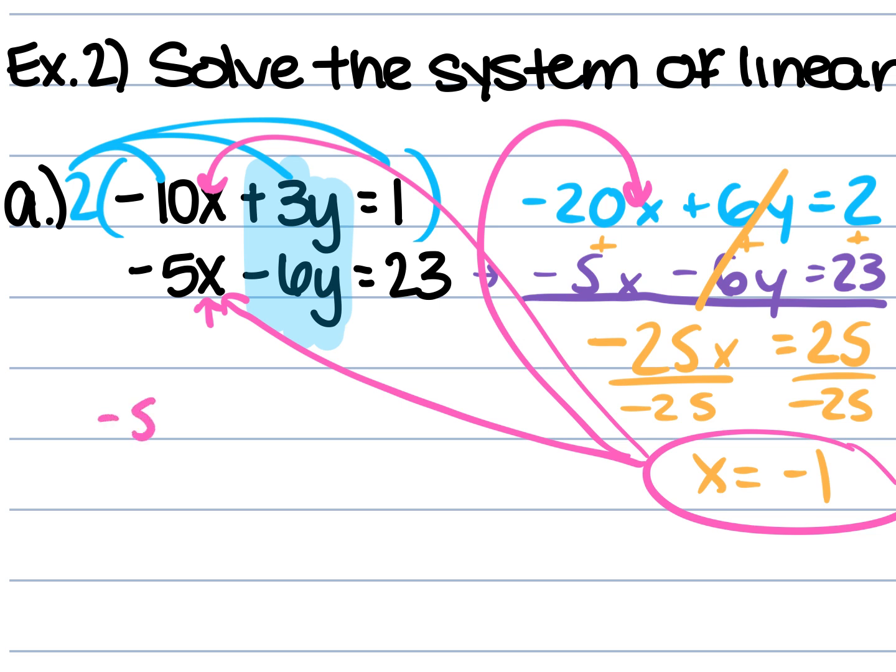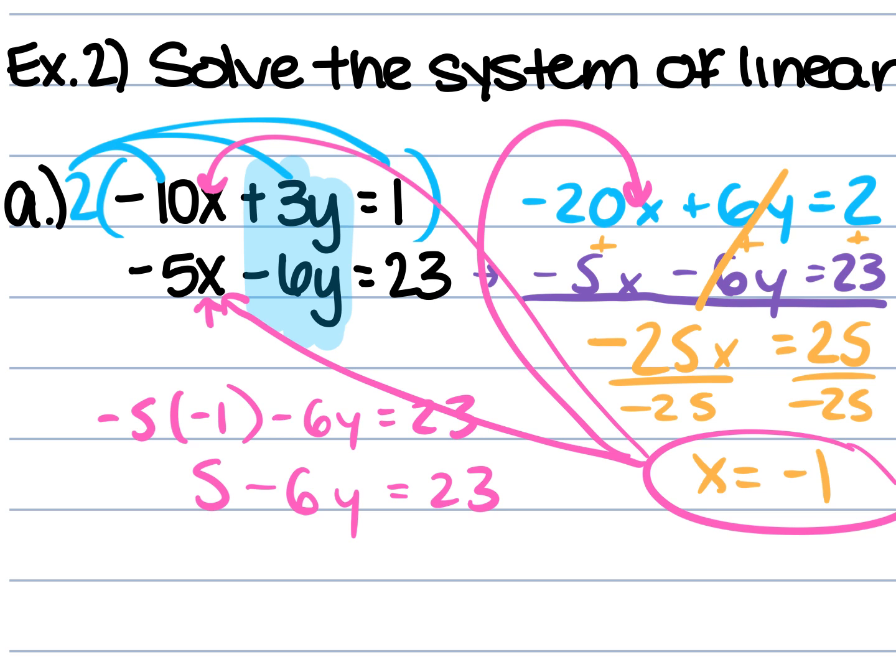We have negative 5 times negative 1 minus 6y is equal to 23. What would we do first? Multiply. Negative 5 times negative 1 is 5. What do we do next? Subtract 5.